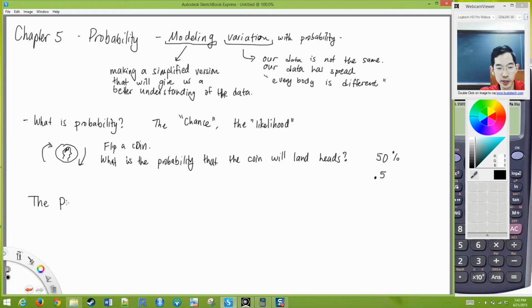The probability of an event, whether it's the coin lands heads or the sun rises tomorrow or that it rains tomorrow or whatever it might be, the probability of an event is the long-run relative frequency of the event.